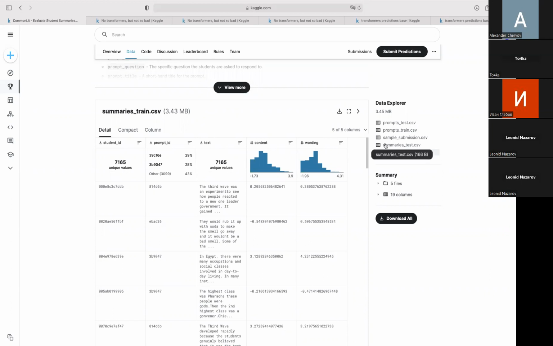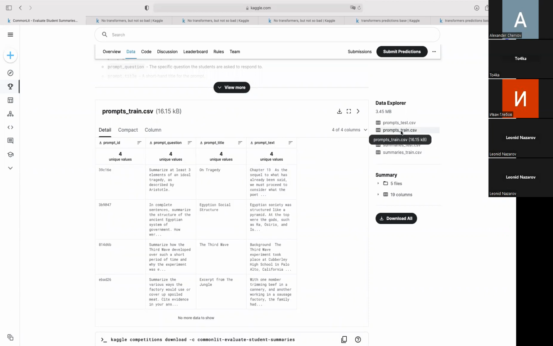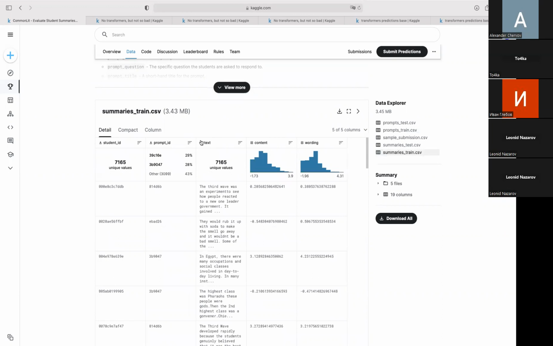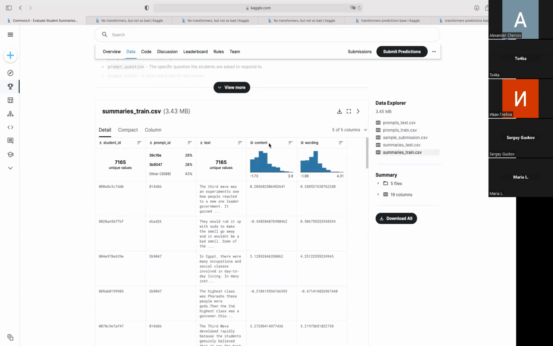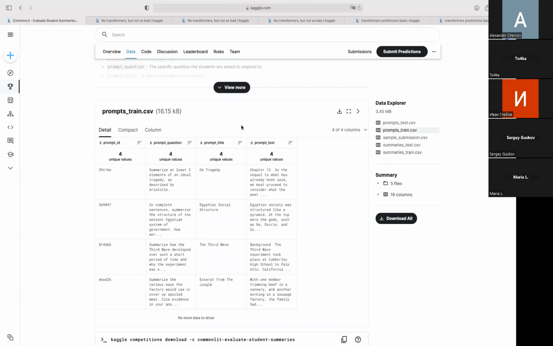Yes, but first of all, the first problem is that prompt text has many more words than the text column, and it's obvious because it's a task about how to evaluate summaries, and a summary of course has a much lower number of words than the original text.